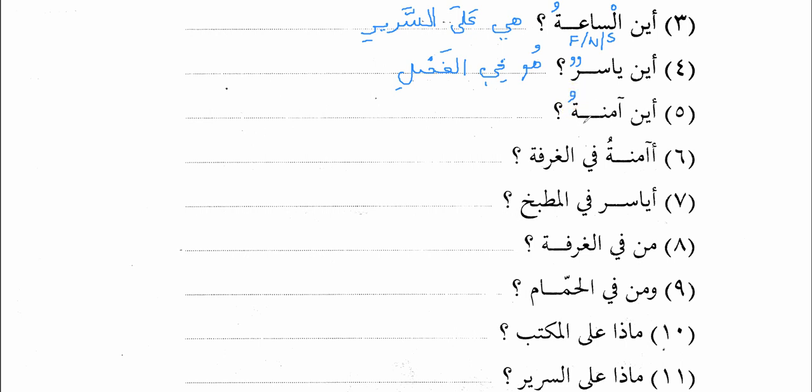A single haraka. The rule for feminine names in Arabic is that it will always have a single haraka. And since she is feminine and singular, I will use hiya. Hiya fil matbah, in the kitchen.